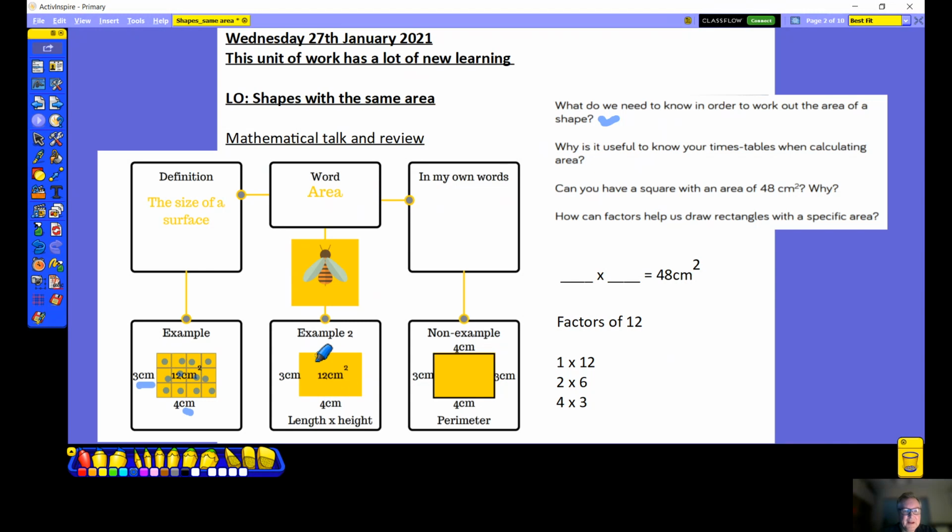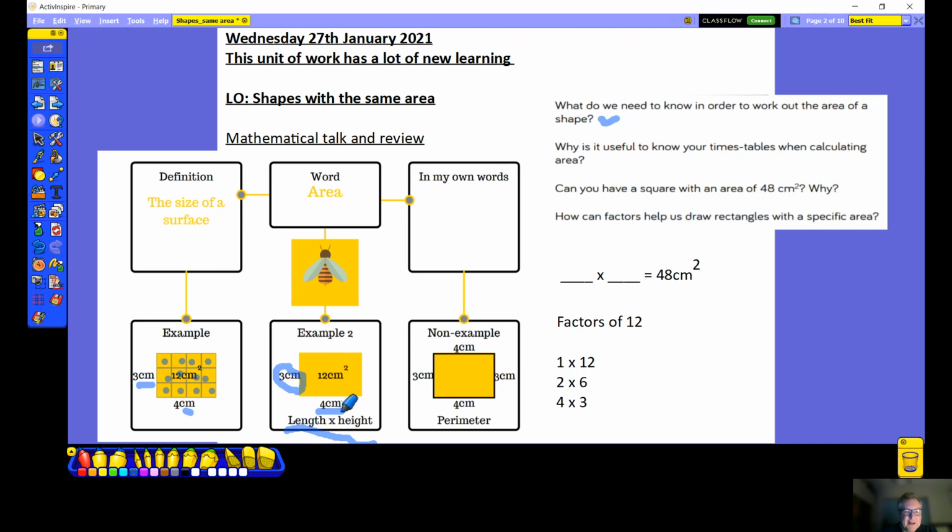Progressing that on, it then becomes a calculation. So we have 3 multiplied by 4. This is the formula: length times height, or length times width. So one side, the longer side, multiplied by the shorter side.